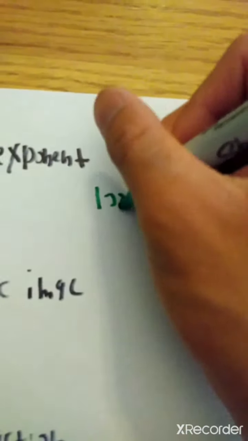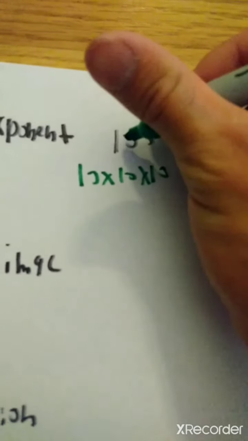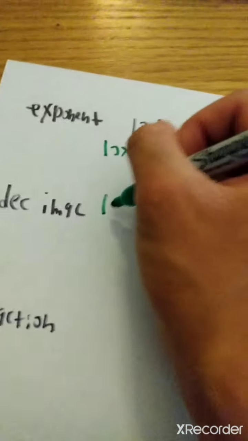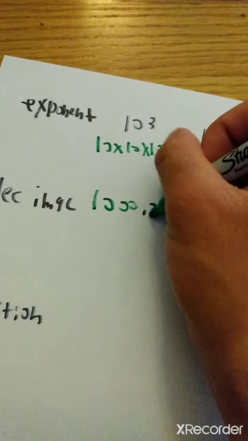So we have 10 to the power of 3. That is saying 10 times 10 times 10, multiplied by 10 itself 3 times. So if we have that as a decimal, our answer for this one would be 1000.0.